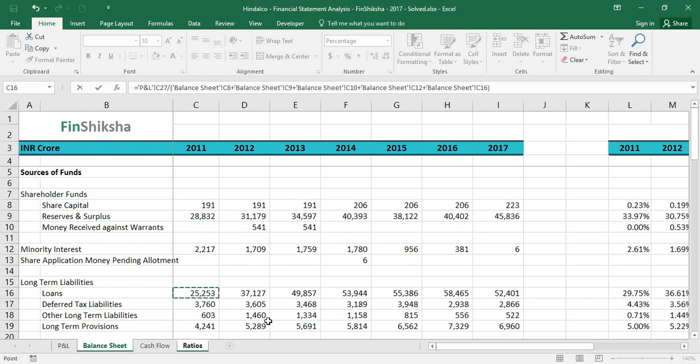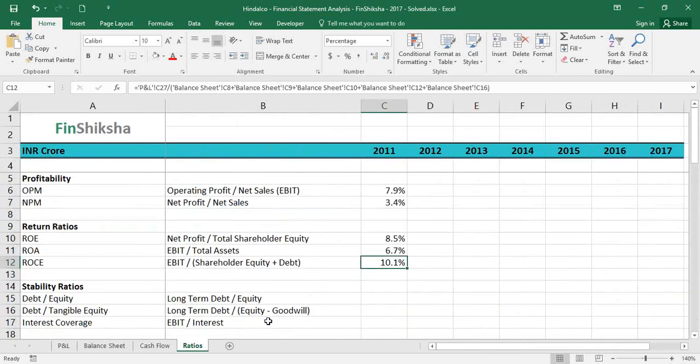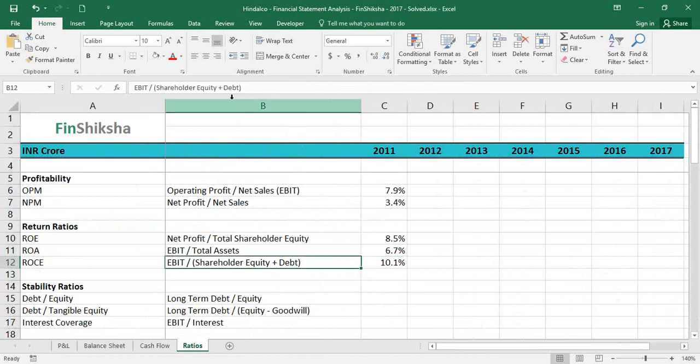Here, I'm going to use only the long-term loans in our discussion. But if you think that there is a big movement in the long-term and short-term debt, you can use total debt. Here, we have used long-term debt only. Shareholder equity plus long-term debt plus minority interest comes here, right? So that's the broader formula that we use for calculation of this.